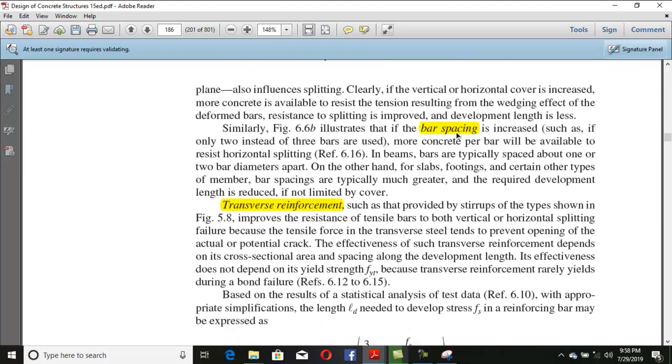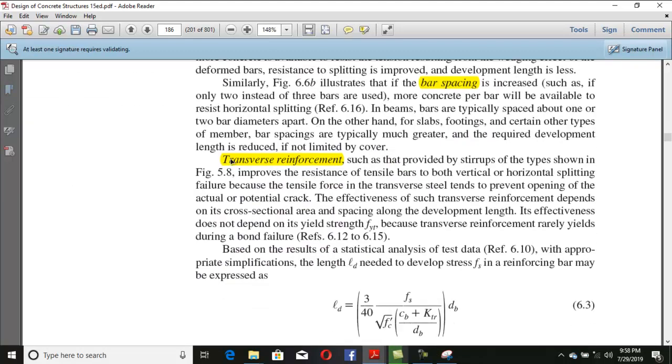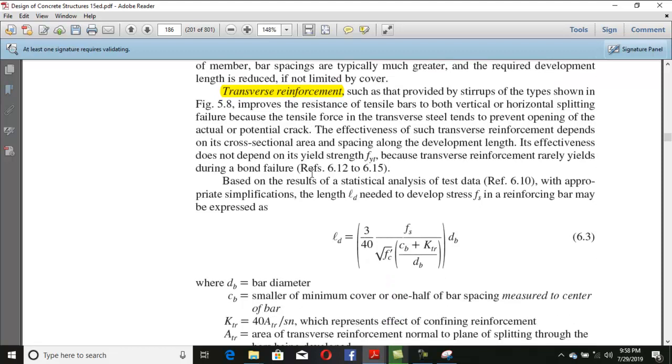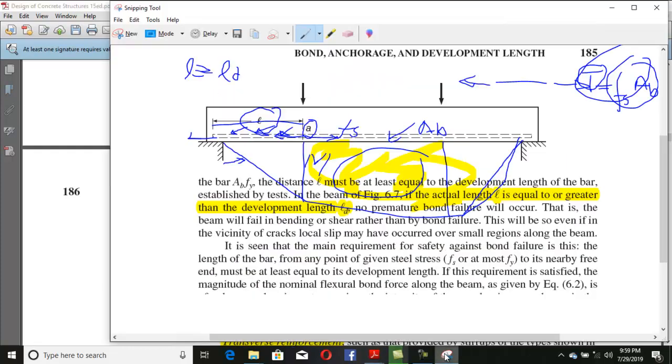So bar spacing is important, cover distance is important, and one of the most important things is transverse reinforcement. Transverse reinforcement, we provide it in our beams. If this is a beam, we will design stirrups, which are perpendicular to the plane of the bar.